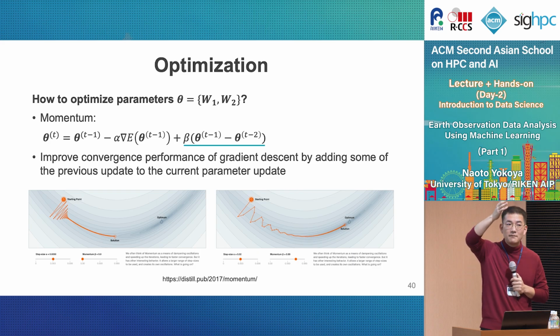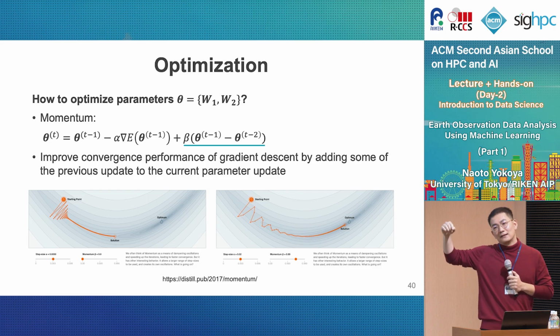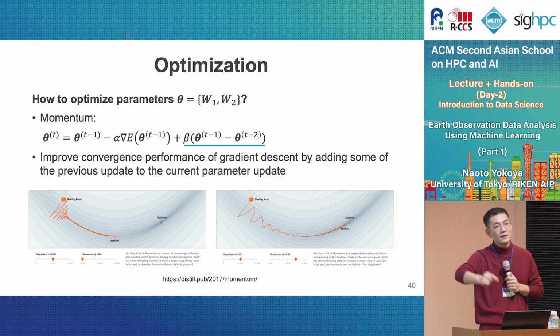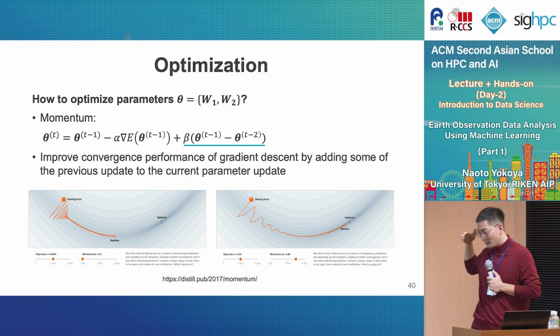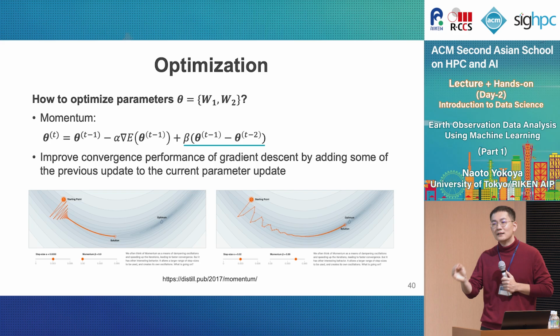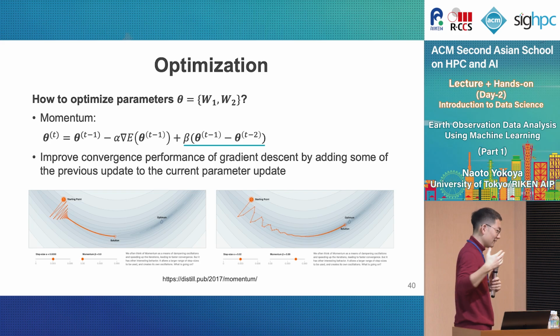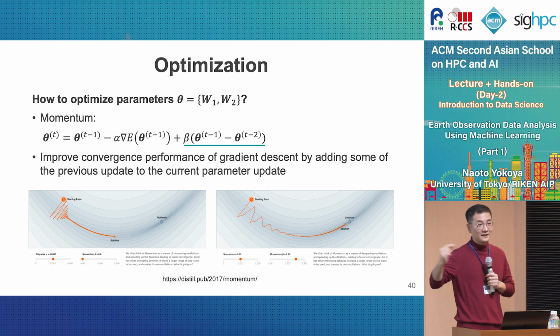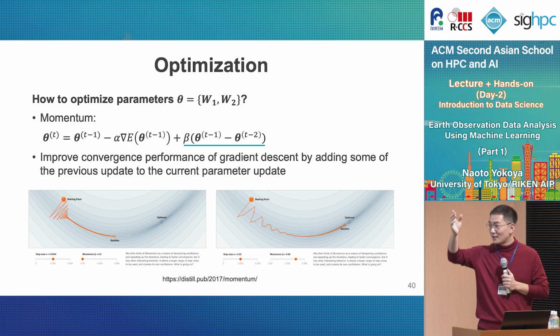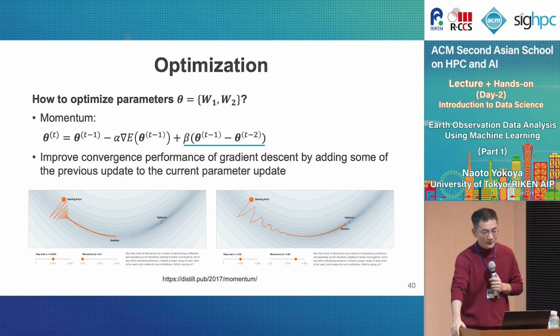So if there is a valley, parameters may just go forward and back again at the same place, right? If we just look at the steepest direction and move, and then again, oh, I should go back, it doesn't reach the optimal solution.